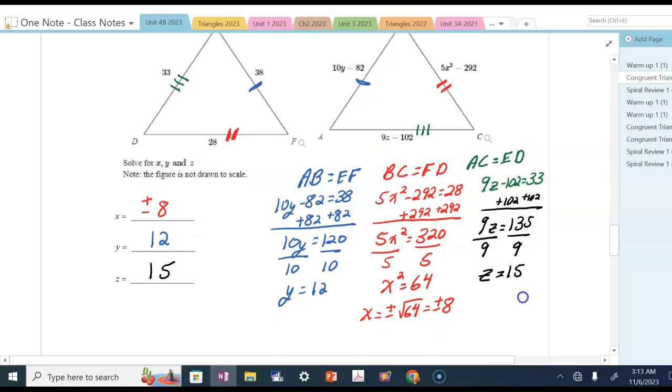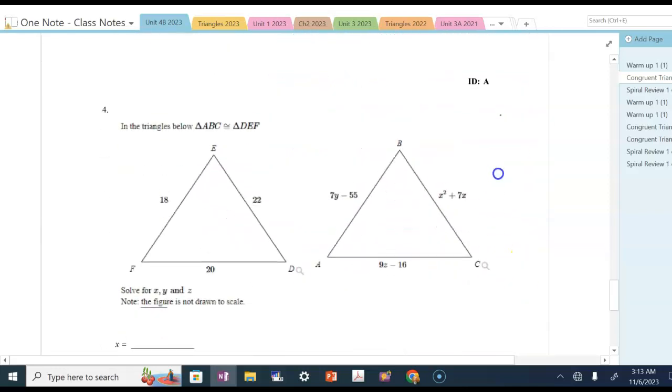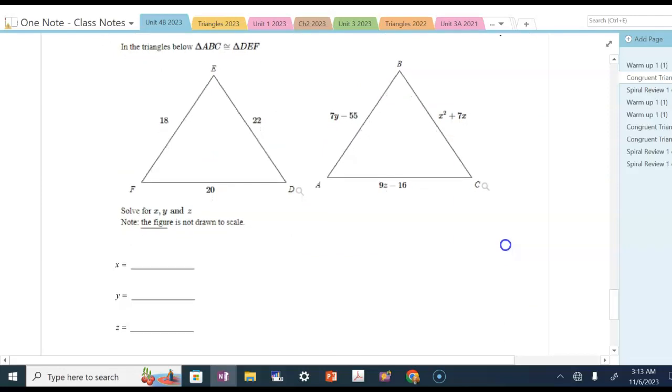Let's take a look at one more problem, problem number 4. So in this problem, again, we are given the sides, and I have this congruent statement that I just highlighted in yellow. So I'm going to match the first two letters to the first two letters. So AB is congruent to DE. Then BC and EF are congruent.